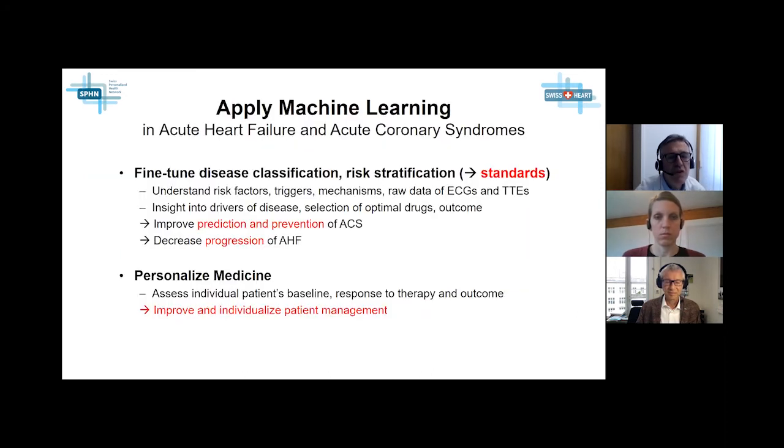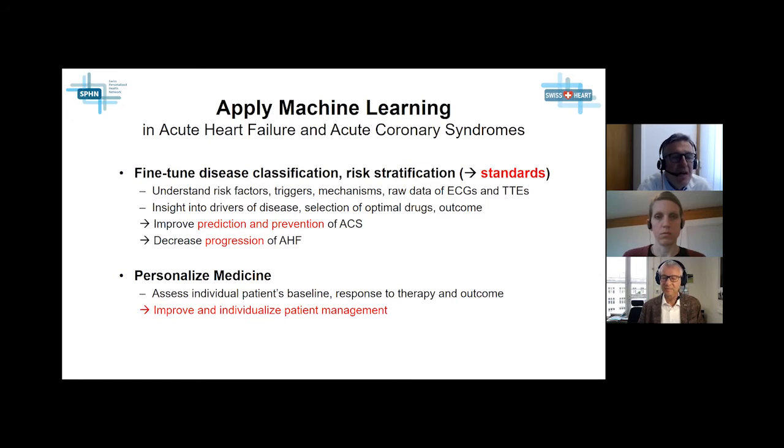Now, what we want to do is to apply machine learning in our specific context with acute heart failure and acute coronary syndrome. We want to fine-tune disease classification and perform risk stratification. For that, importantly, we have to rely on standards. We want to understand the contribution of risk factors and triggers, get insight into mechanisms, and particularly collect the raw data of EKGs and TTEs.